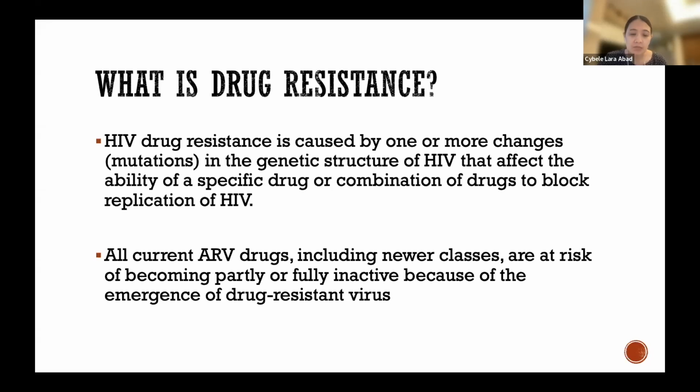Now, all drugs, regardless of the class, are at risk of becoming either fully inactive or partly inactive because of the emergence of resistance. So there's no foolproof drug. Now, all drugs have the potential to become resistant because of inadequate intake or factors that lead to drug resistance.